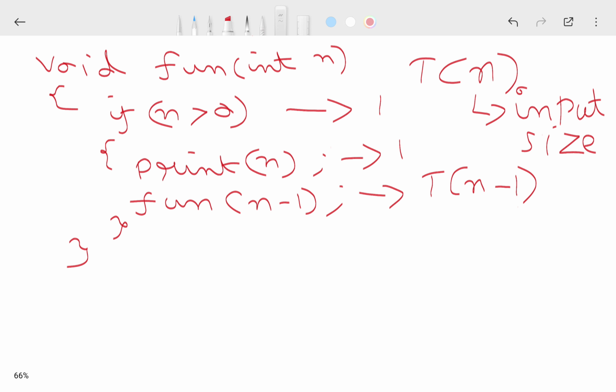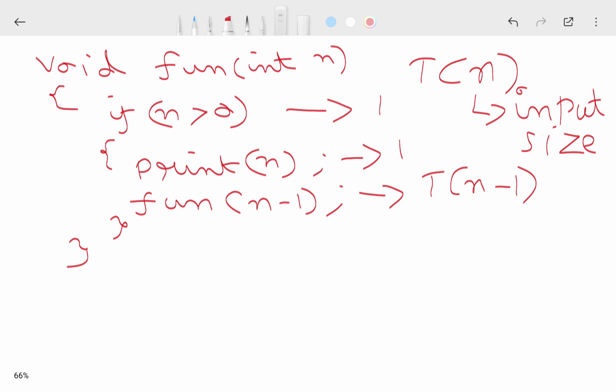Now the overall time needed to complete this particular function is T of n, and inside that function there are two statements that will each be executed in unit time, and then one recursive function call with a different input size, n minus 1. So we can assume the time needed to complete that function is T of n minus 1.